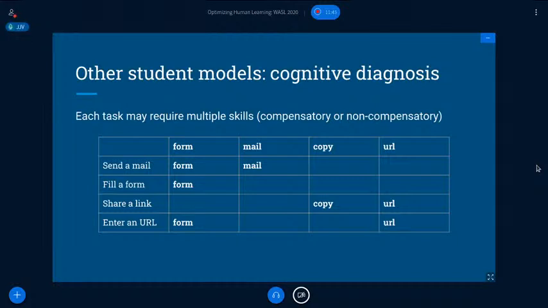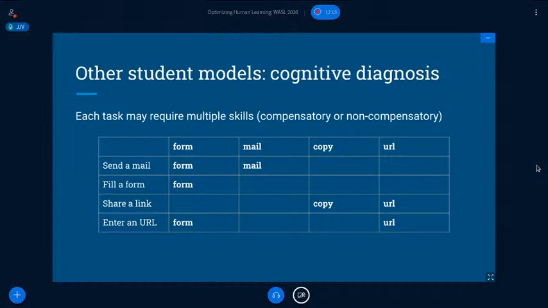If they fail at this, I don't need to ask the final question, which is to enter a new URL, because as the student already failed that form, they may not solve this exercise. It may be too out of reach for them.